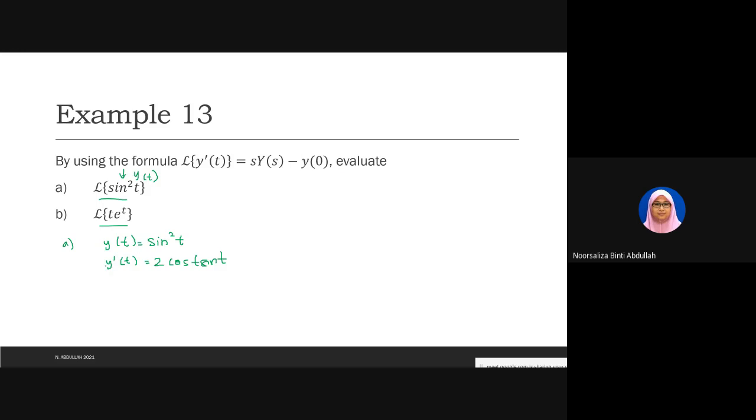Yang ni, menggunakan formula ni. So macam mana nak buat? Evaluate tu maksudnya dia nak you dapatkan Y(s) dia.